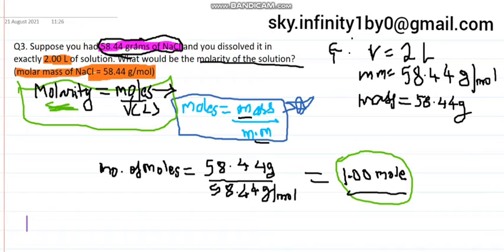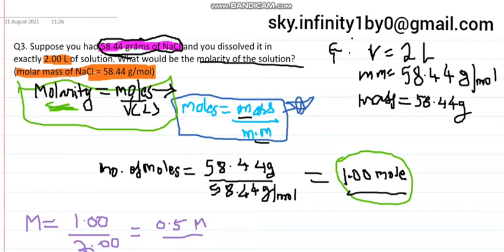Molarity, I'll write it here, short form as capital M, is equal to number of moles, which we have just found out, 1.00, and the denominator having volume, which is 2 liters. And as we all know that 1 divided by 2 is 0.5. So the molarity of NaCl solution is 0.5 molar.